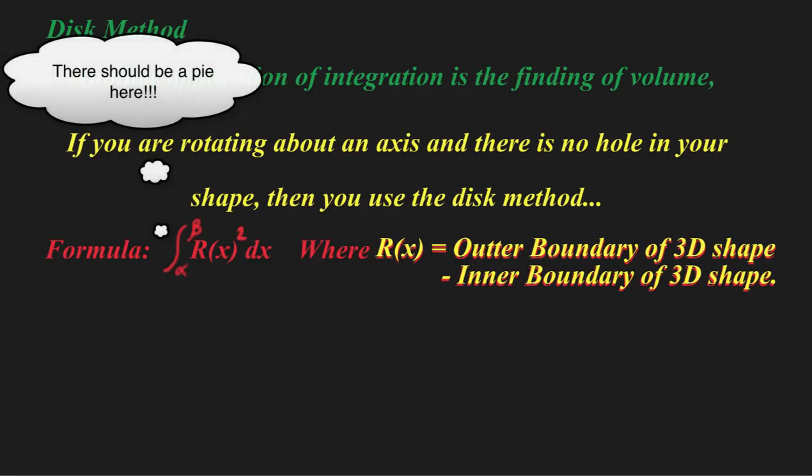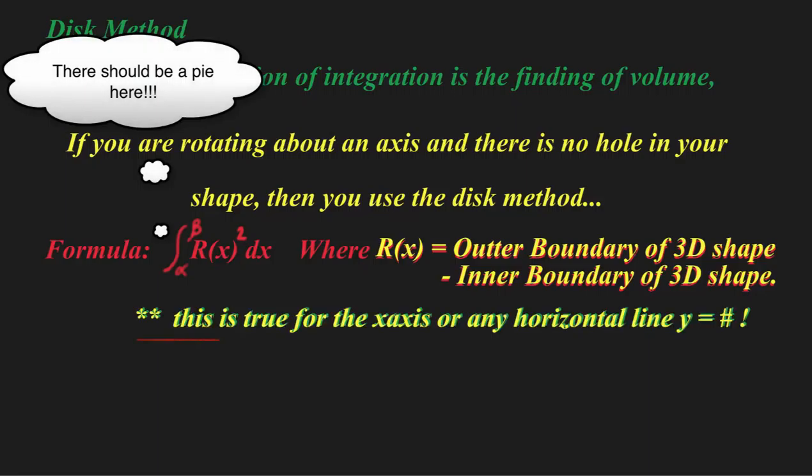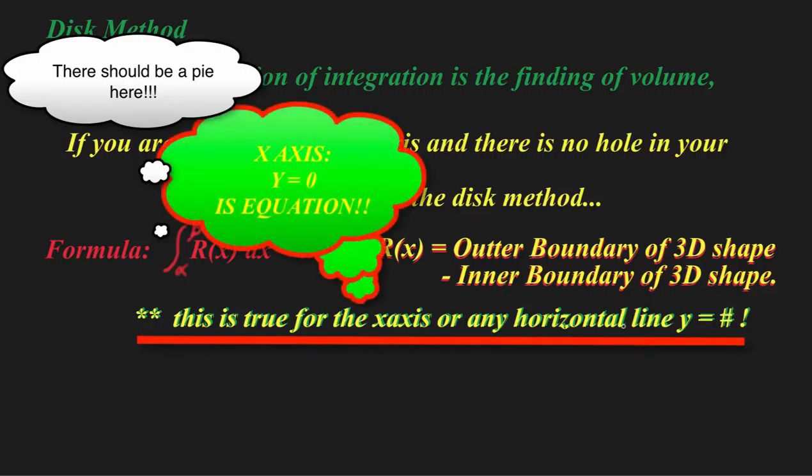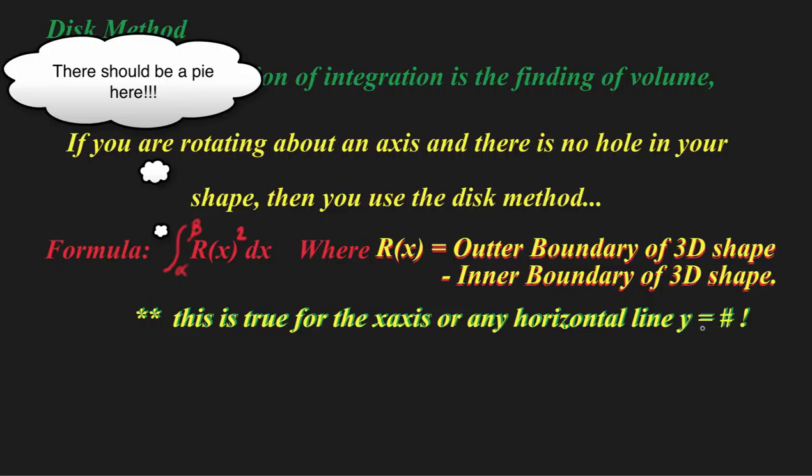So what you have to keep in mind is that this is for any horizontal line, whether it's the x-axis. If you remember, the x-axis is always y equals 0, no matter where you are on the x-axis, so that's its number. But it could also apply for y equals 1, or y equals 2, or negative 4, whatever you're rotating about.